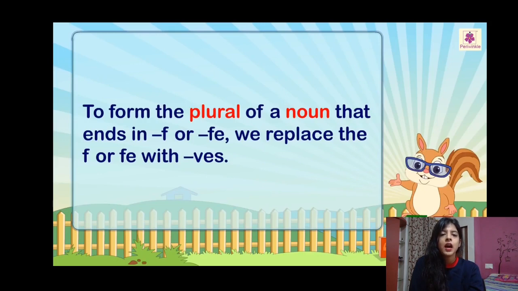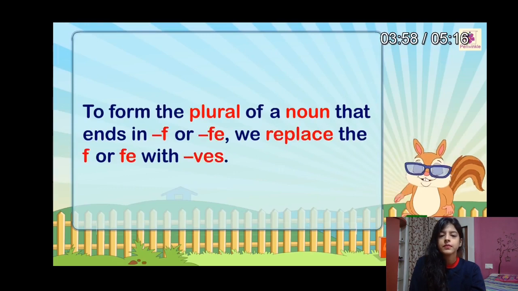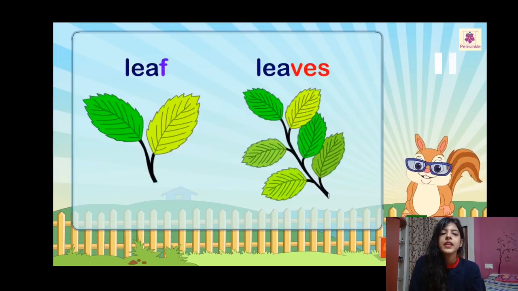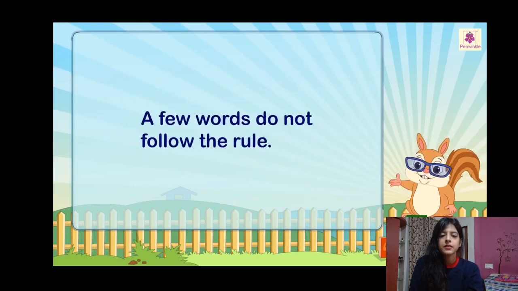We say halves, which is H-A-L-V-E-S. Like leaves. This is an example. See over here, F is the ending of the spelling of the noun leaf. So we will cut the F and add VES. A few words do not follow the rule, like we saw with monkeys.